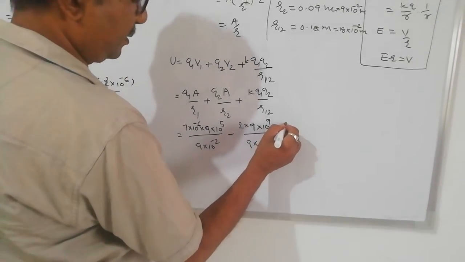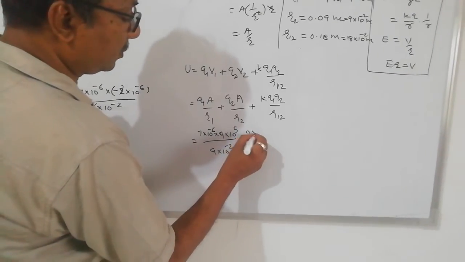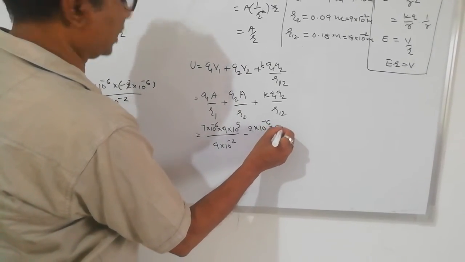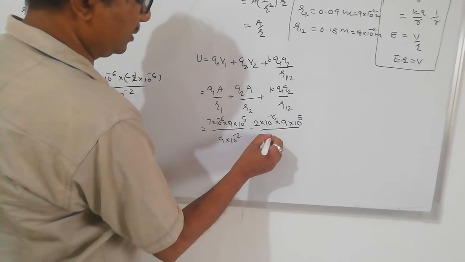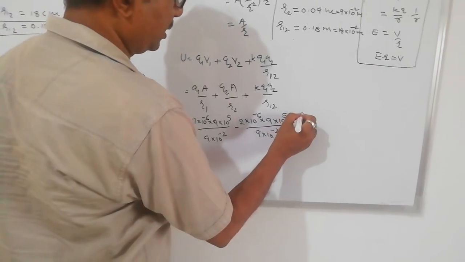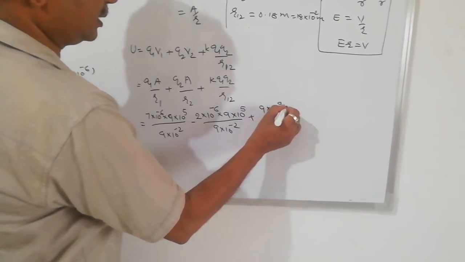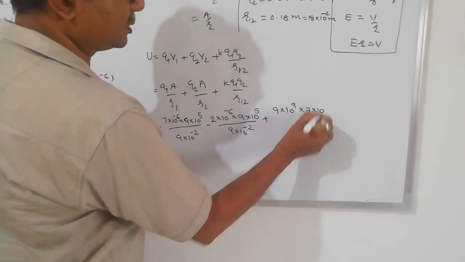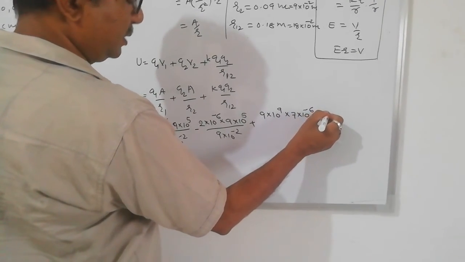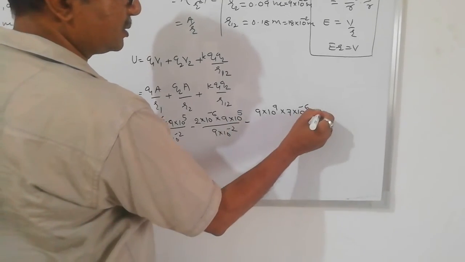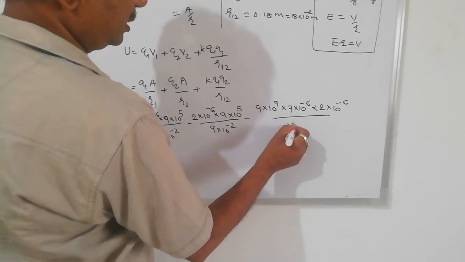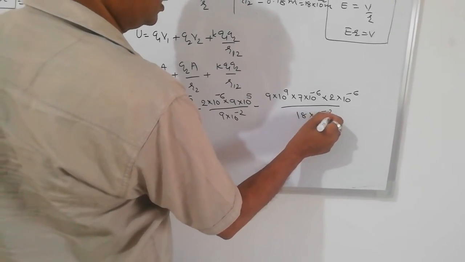Plus K, 2 into 10 raised to minus 6 into 9 into 10 raised to 5, divided by 9 into 10 raised to minus 2, plus K, 9 into 10 raised to 9, 7 into 10 raised to minus 6 into minus 2 into 10 raised to minus 6, divided by 18 into 10 raised to minus 2.